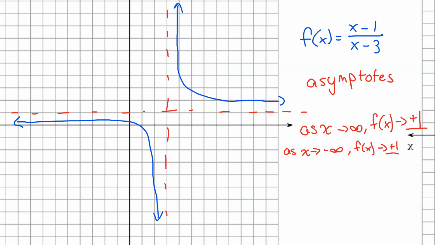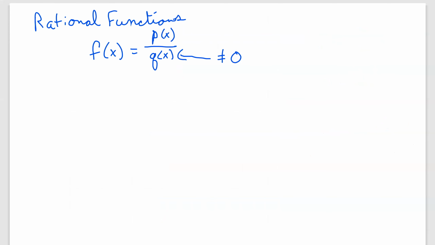And then we could do the same thing as x approaches 3 and everything else, okay? But let's look at how we determine vertical asymptotes.